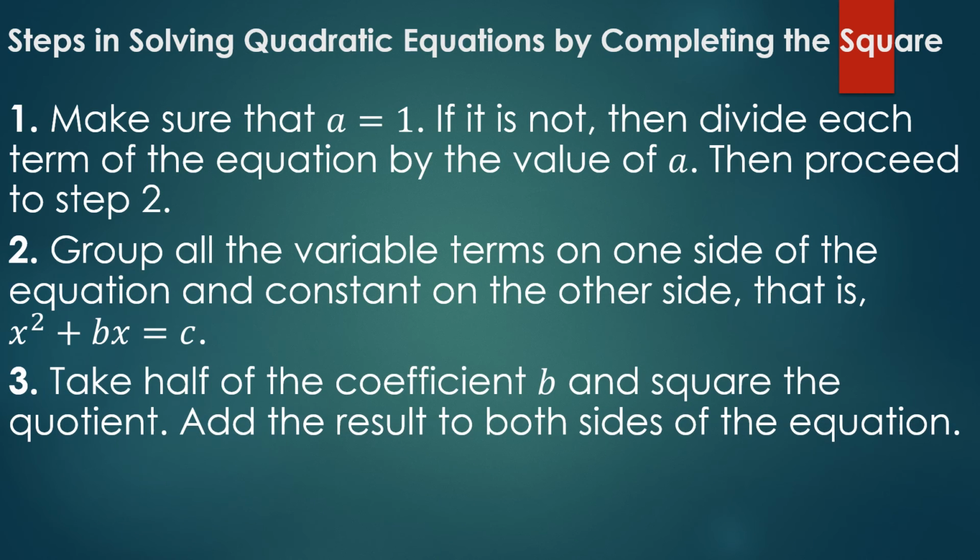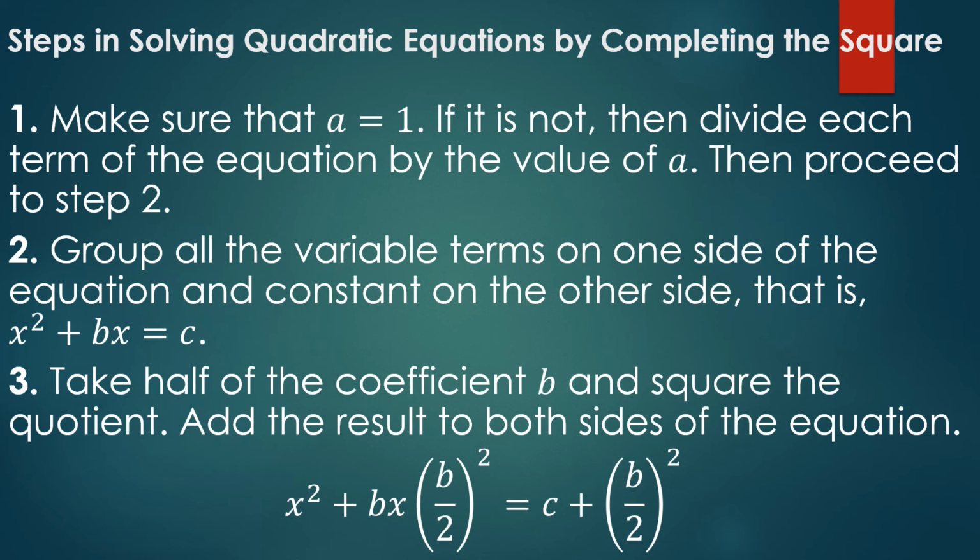And then step 3, take half of the coefficient b and square the quotient. And then add the result to both sides of the equation. That is, x squared plus bx plus b over 2 quantity square is equal to c plus b over 2 quantity square. Ibig sabihin, ito lang yung ginawa natin sa previous slide.